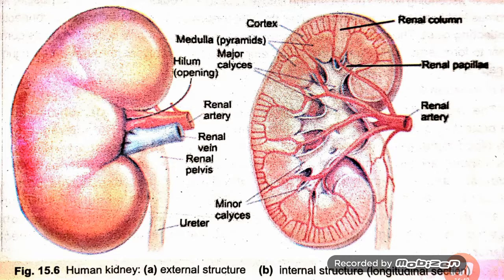The extensions of the renal papillae are called calyces. The smaller ones are called minor calyces, which empty into the larger ones, which are called major calyces, and they finally empty into the hilus, and hilus empties through the renal pelvis into the ureters.